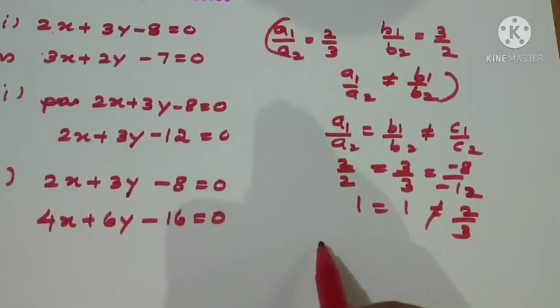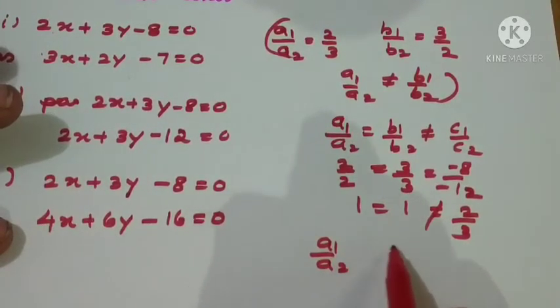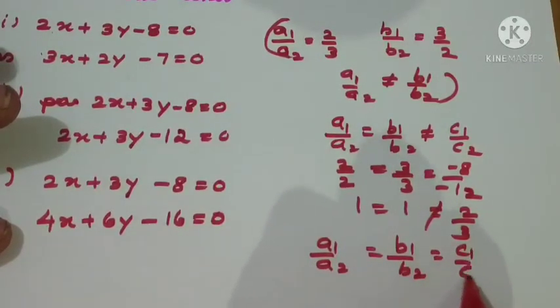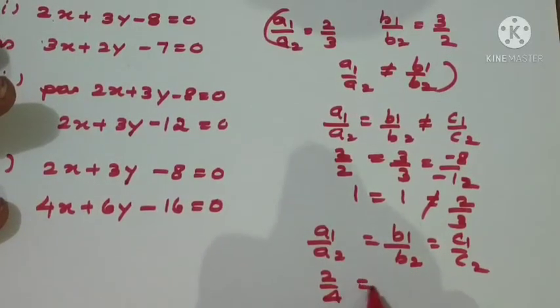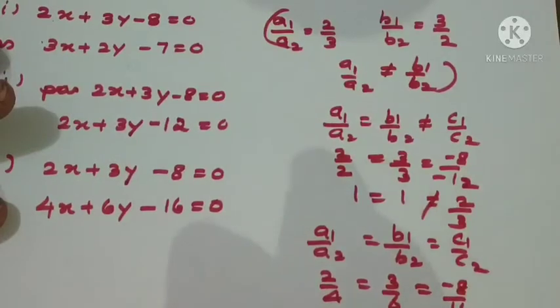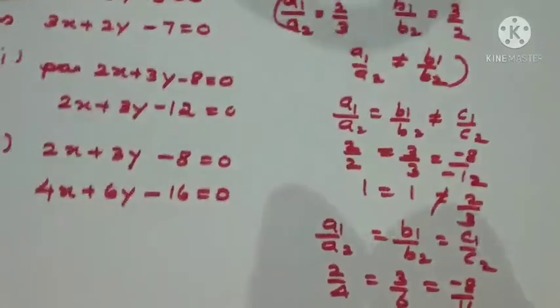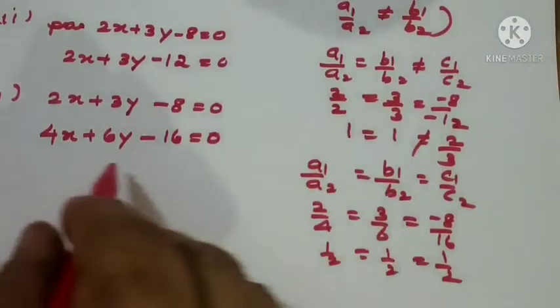Now check a1 by a2, 2 by 4. b1 by b2 should be equal to c1 by c2. So we check the condition: 2 by 4 equal to 3 by 6 equal to minus 8 by minus 16. So 1 by 2 equal to 1 by 2 equal to 1 by 2. So the lines are coincident.